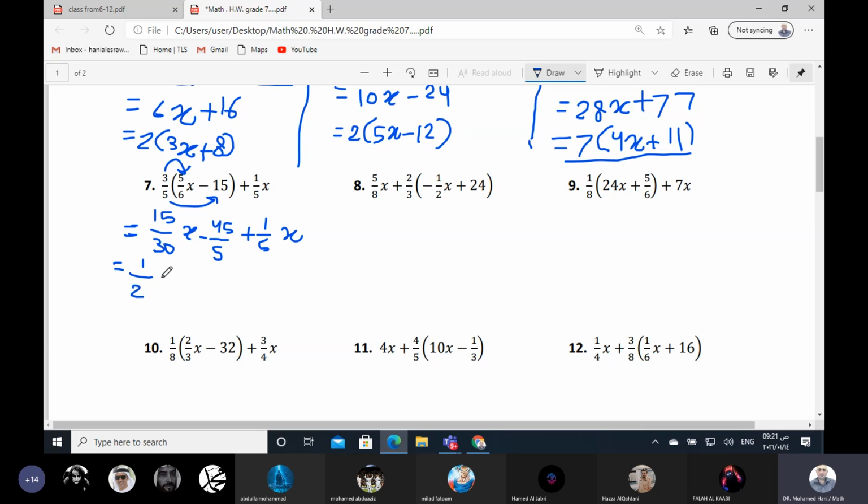So here 1 over 2x minus, and here 45, as you see here, 45 divided by 5, I can write 9. Then plus 1 over 5x.